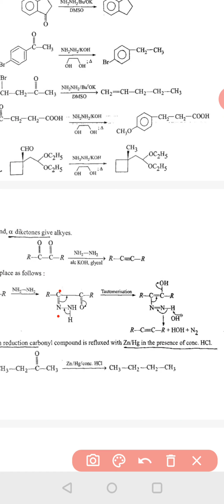Of the double bond between C and N, one bond breaks and moves between carbon and carbon, and here H plus ion is removed, which goes to O minus here. In the next step also bonds are broken and we get an alkene, water and nitrogen as the product.